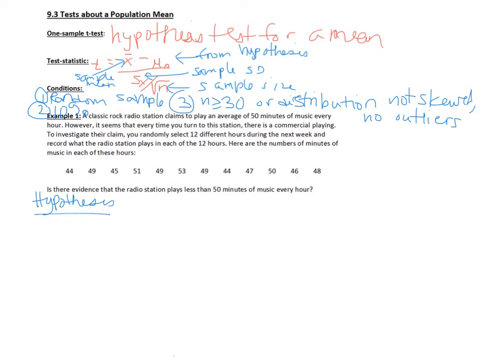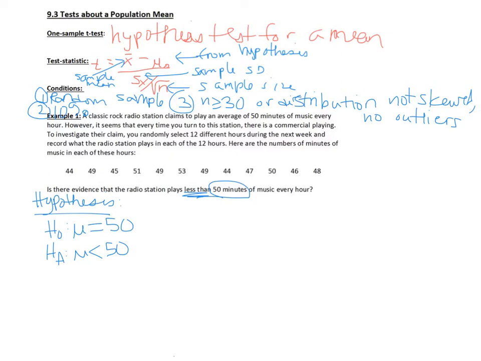And my hypothesis, in this case, because I'm looking at a mean amount of 50, you'll notice we're not going to use a p. We're actually going to use a mu. So my null hypothesis would be that they do play 50 minutes of music. The alternative, you'll notice it says less than, is that they play less than 50.